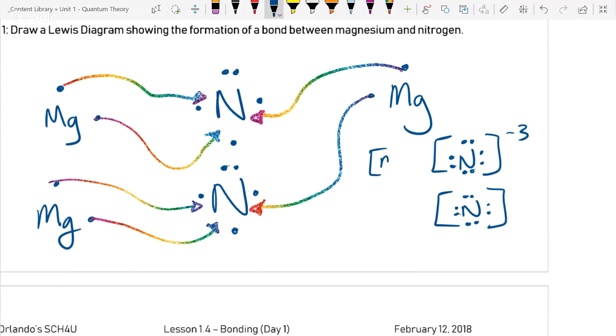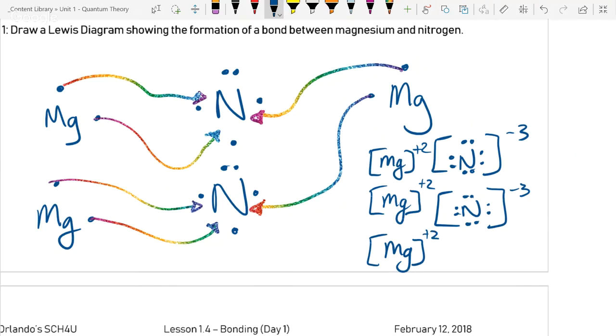And we will have magnesiums with no electrons in their valence because they've donated them all. And what charge will each of them have? Positive 2 is correct, because how many electrons has each magnesium given up? 2. And of course, this works as an ionic bond because the total charge is balanced, right? We have -6 in the nitrogens and we have +6 in the magnesiums.